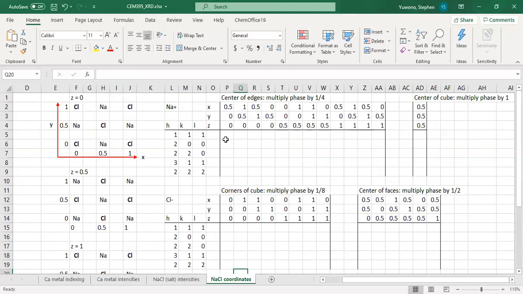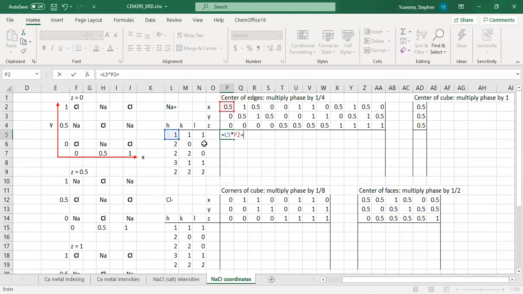Okay, so let's do this, which is going to be fun. Now we want to multiply h times x plus k times y plus l times z. Here we know we want to replicate it across and down, so we will lock the appropriate places.